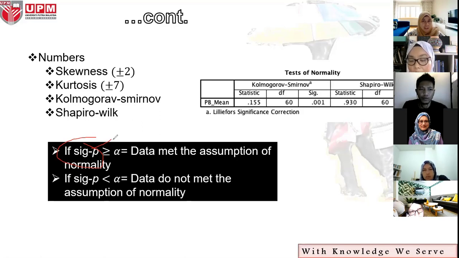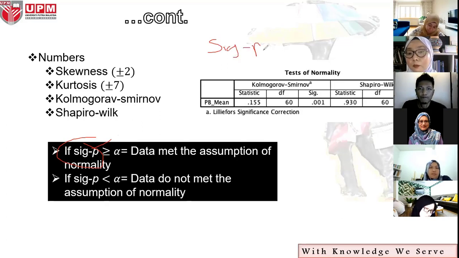Can I explain a bit? Yes, just a similar one to refresh. So it actually just represents a specific type of statistic. The significant P is a general term to represent the alpha, the significant value that we set.